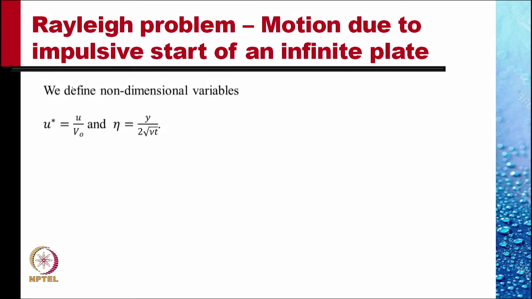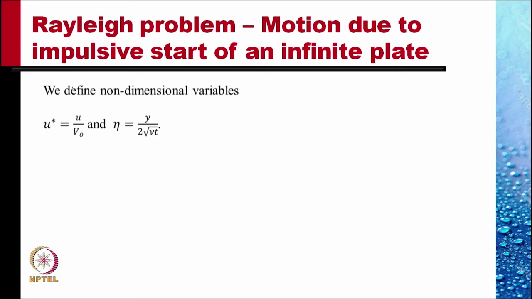we use a trick. We define two non-dimensional variables. We define u star. Star denotes that this is non-dimensional. u star as u by v naught. And we introduce a variable eta as y divided by twice under root nu t. Why this peculiar combination?